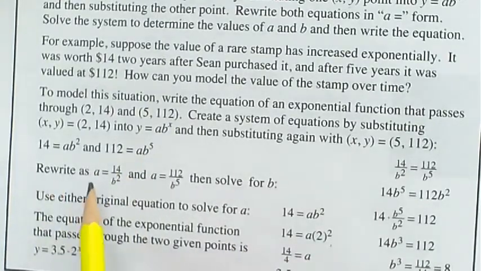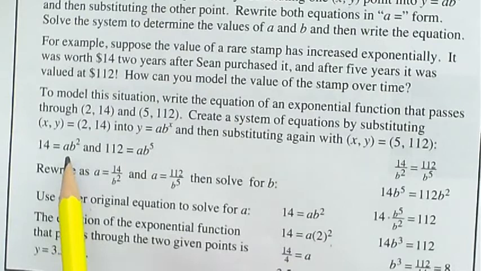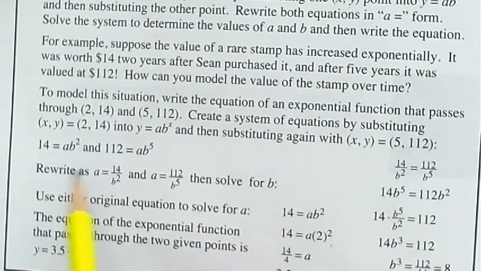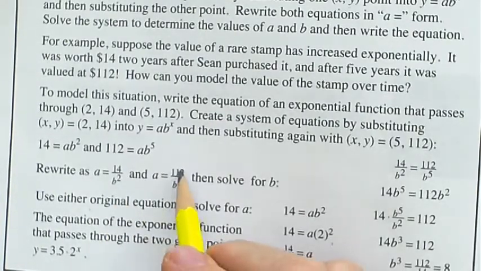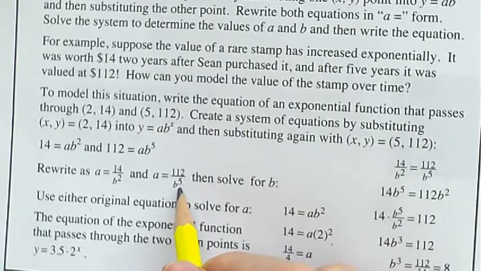Then you would isolate a. You would get a by itself by dividing both sides by b squared. So that would give you a equals 14 over b squared. Here it would give you 112 over b to the 5th.